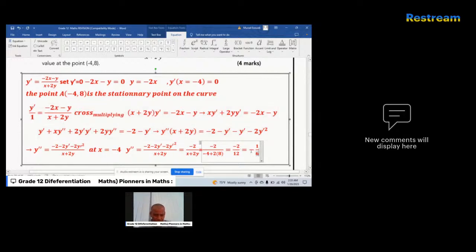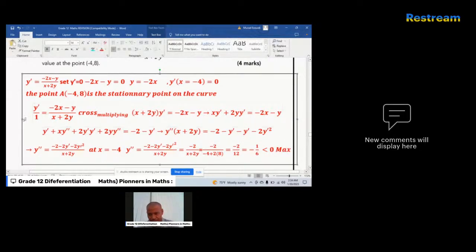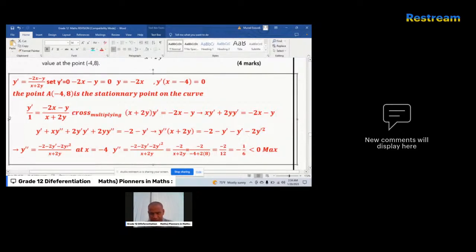So this one is negative, less than 0. Less than 0 means it's a maximum. I hope you got the point. So at this stationary point, x equals minus 4, y equals 8, it's a maximum.